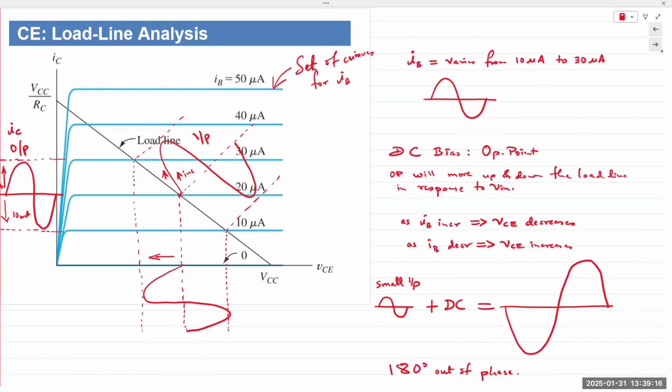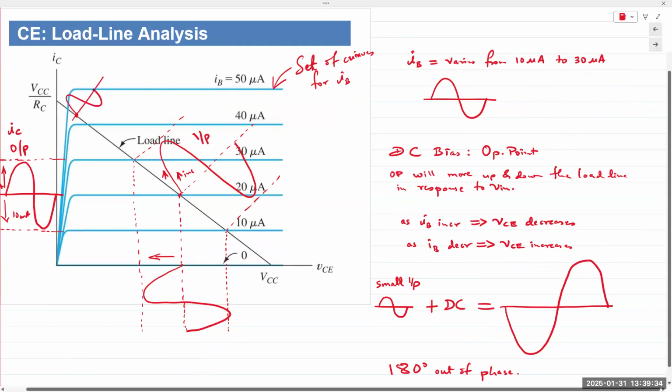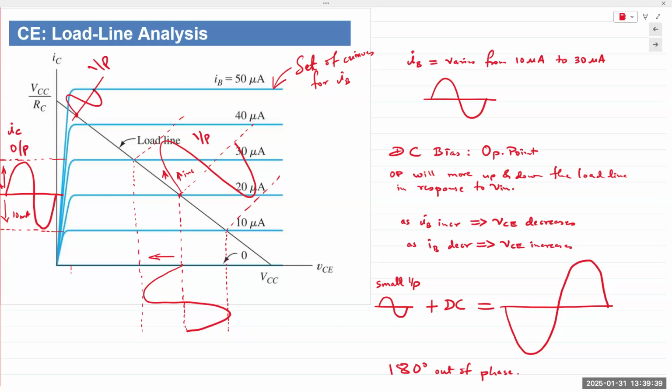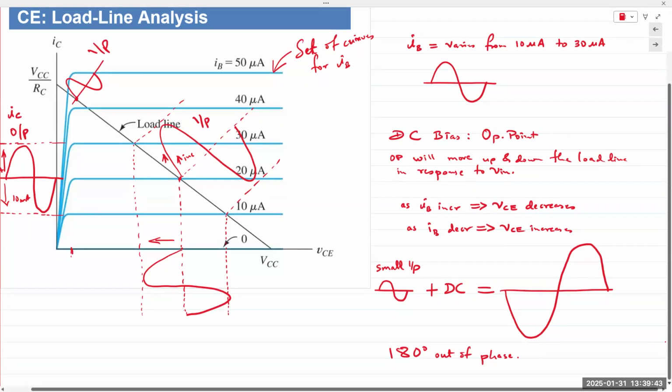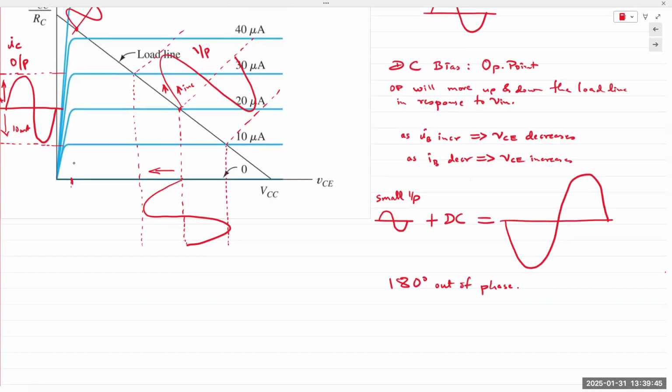What will happen then? That will shift the Q point either up or down the load line, the actual Q point, without any AC input. And if that happens, let's say the Q point shifts up right here. Now, if you apply your input, your output would be somewhere here, closer to saturation.